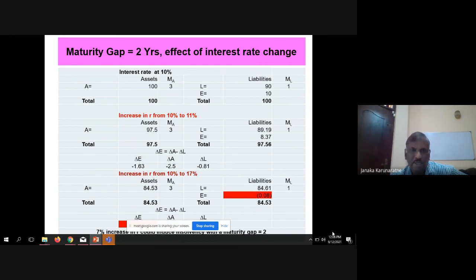So if the interest rate rises to 11%, what would be the market value of assets and what would be the market value of liabilities? Can someone tell?